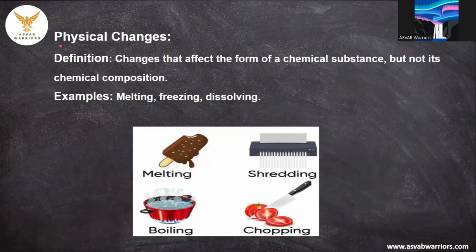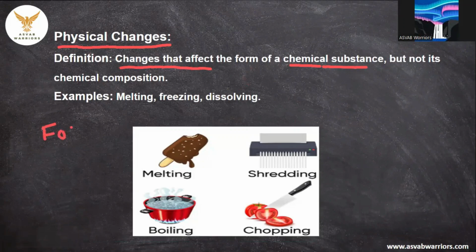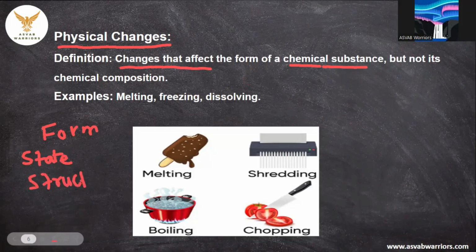Going to study physical changes. So physical changes, the definition says, are changes that affect the form of a chemical substance. When we say form, it means the state or structure of the chemical substance is going to alter.